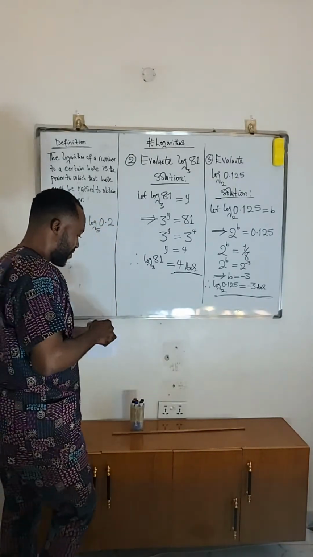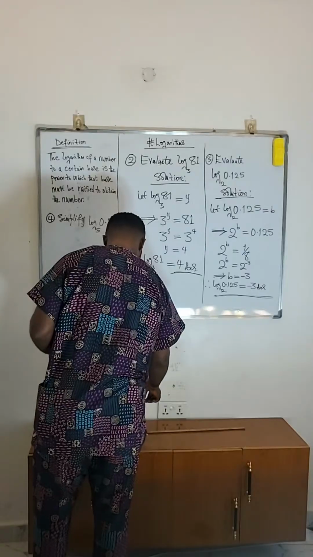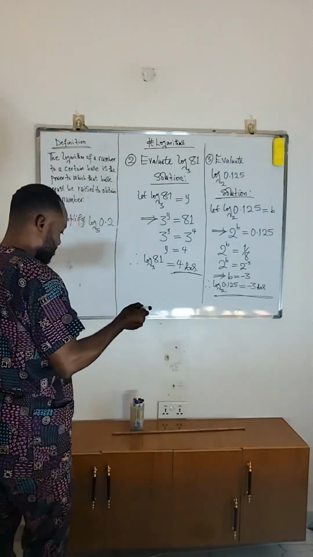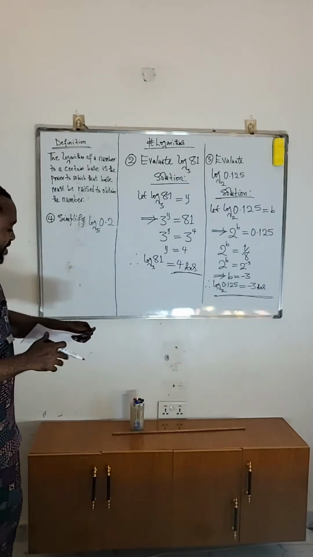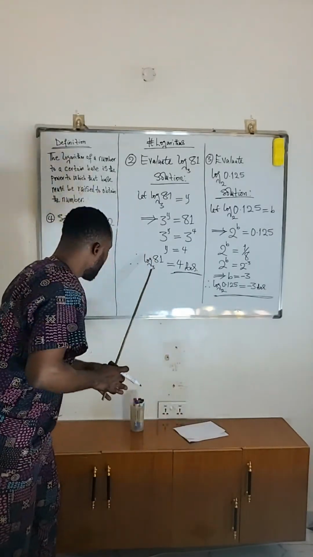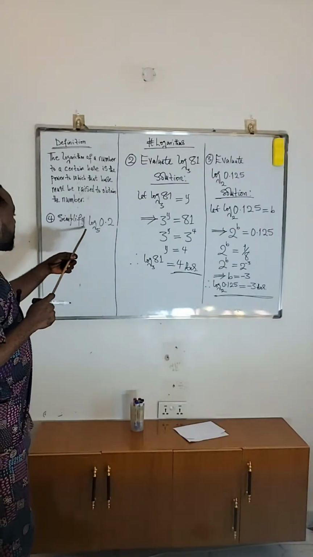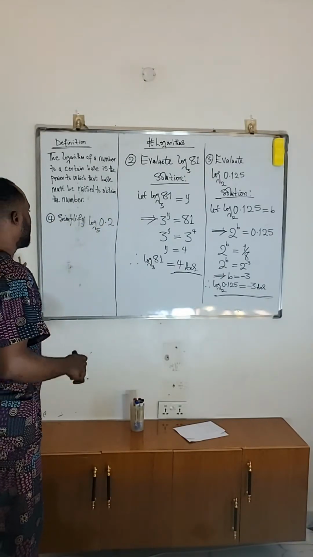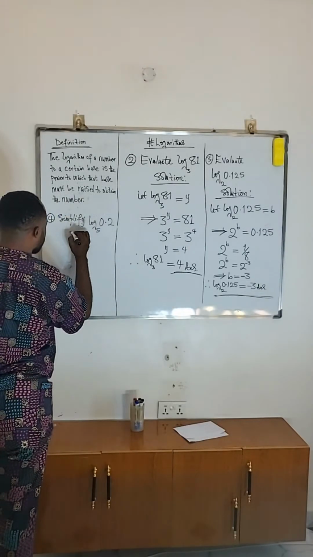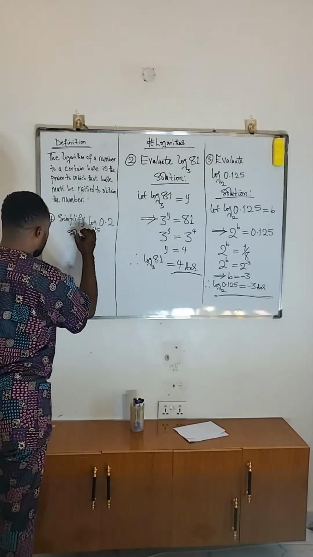That is what that question says. It says simplify log 0.2 in base 5. So let's quickly write our solution down.